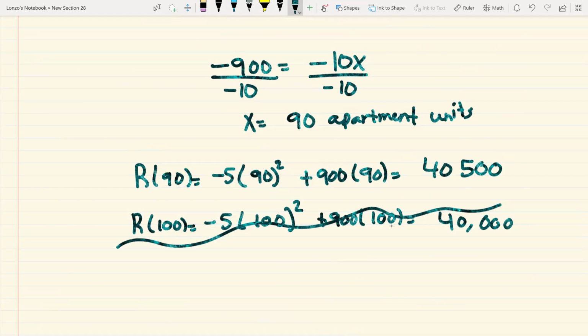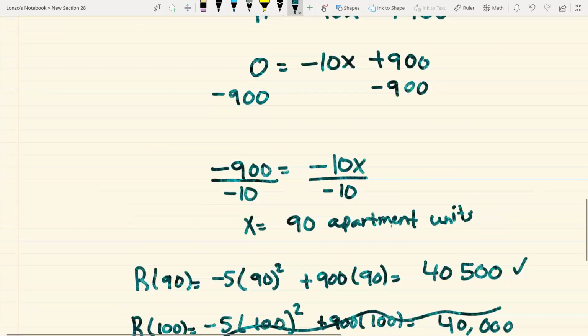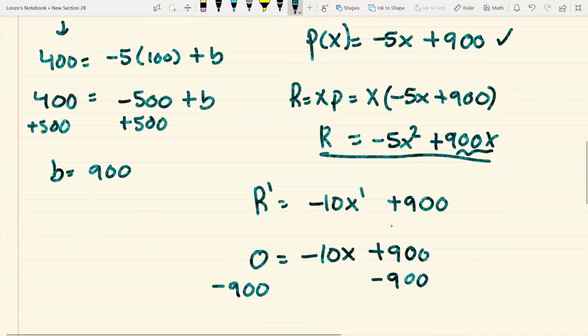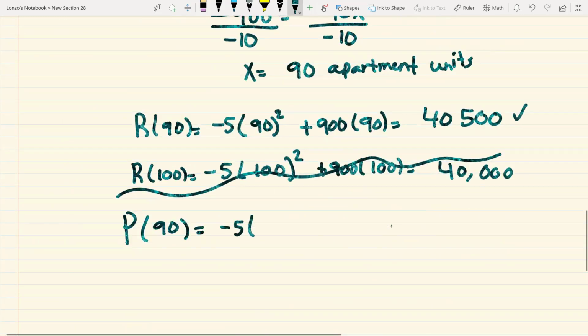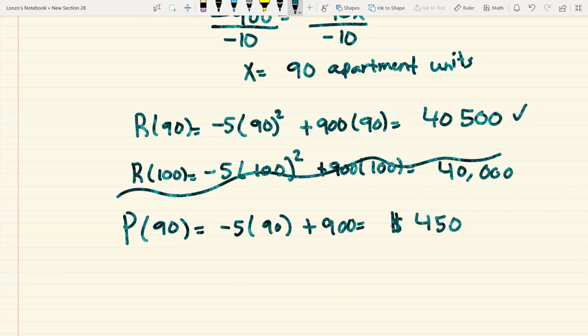Now we figure out how much to charge, so plug 90 back into your demand function, and you get a rent of 450. So to maximize revenue, you should rent out 90 apartments at a rent of 450.